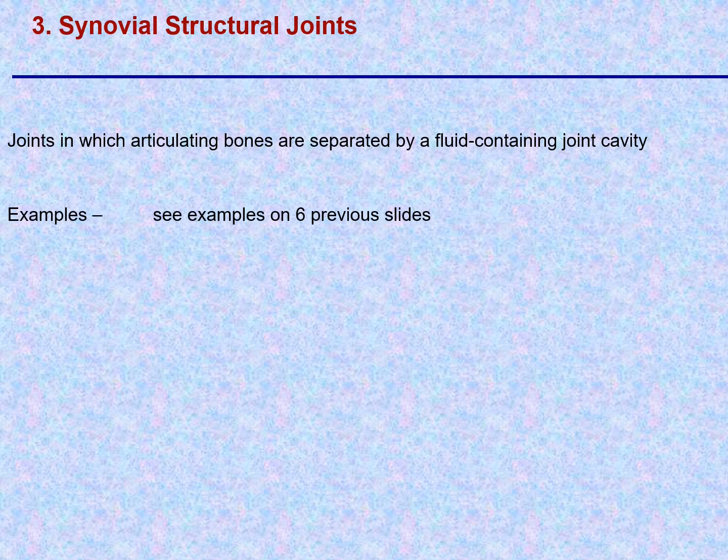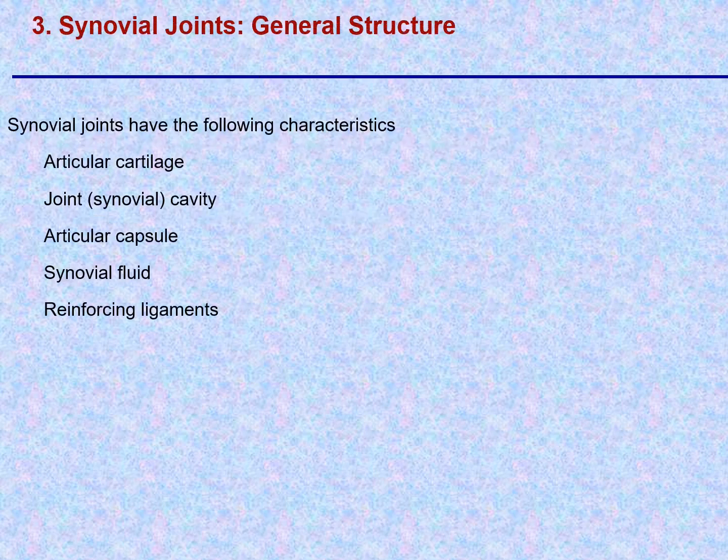Synovial structural joints are, as I told you, contained within a joint cavity which is fluid filled. And the 6 types are shown in the 6 previous slides. But we're going to go through the general overall structural characteristics, which are things that you should know about synovial joints.